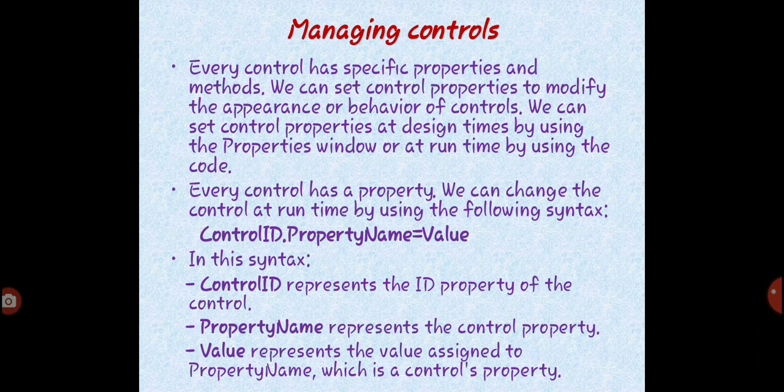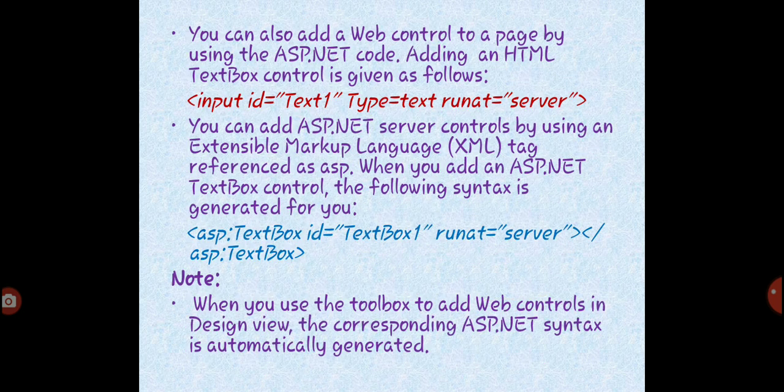Right. So here we see managing controls. Managing controls is nothing but manipulating controls. How can we set properties of a particular control, right? So the syntax of it is ControlID.PropertyName = value. See here, the ID is TextBox1.